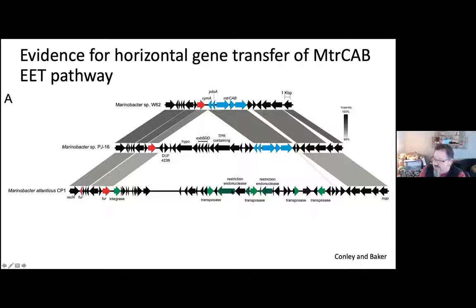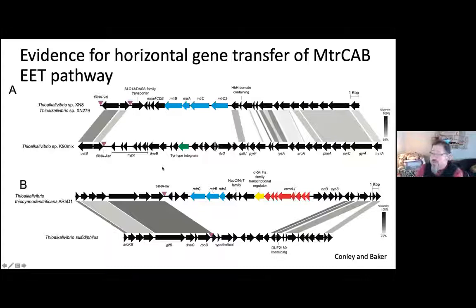So you've got a bunch of annotated transposases and integrases and nucleases. So this is a region of the CP1 genome that is probably changing. And our guess is that this strain probably lost this capacity over time.